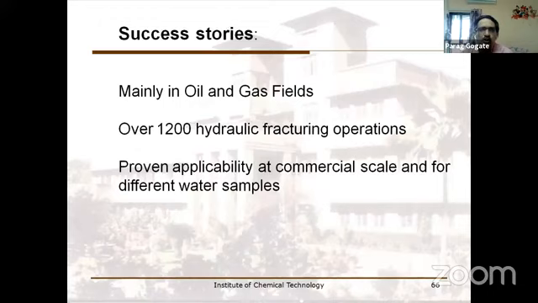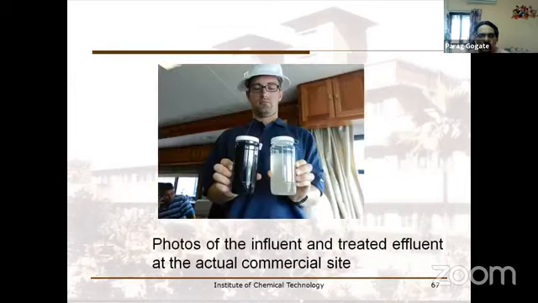Now, some of the success stories, as I said, for the ozonics reactor, it was mainly in oil and gas fields. So over 1,200 hydraulic fracturing operations, it was there and proven applicability at commercial scale. This is one of the pictures which was taken with the company people on site. It's not me, it's one of the company representatives.